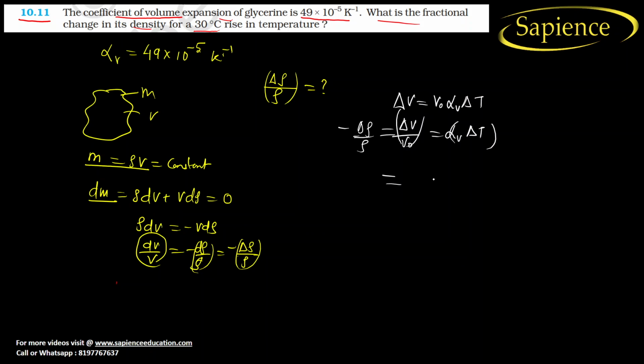Alpha V is given as 49 into 10 to the power minus 5 Kelvin inverse into the rise in temperature, delta T, which is 30 degree Celsius or 30 Kelvin. So when we multiply it, we will get minus 0.010147. So this is delta rho by rho.